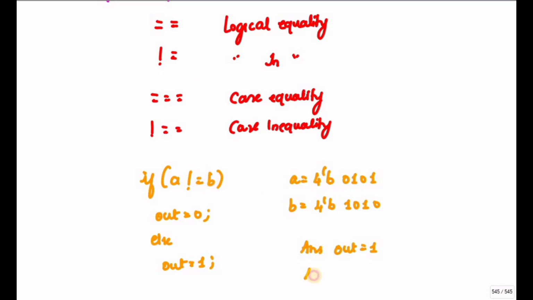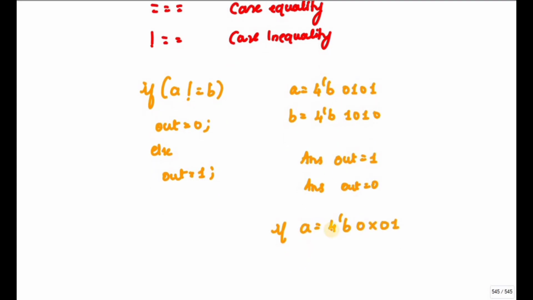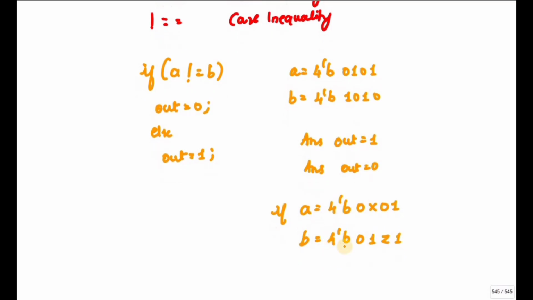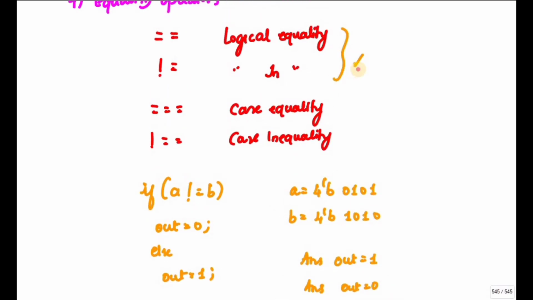Suppose if it is not equal to B, then the output will be out is equal to 0, I will get. Right. Suppose I'm giving the input A as a 4-bit binary value with an X in it, and B as a 4-bit binary number, as this is an example we are giving in the input. Here you can see the logical equality and inequality will not work. So therefore we are going for the case equality.